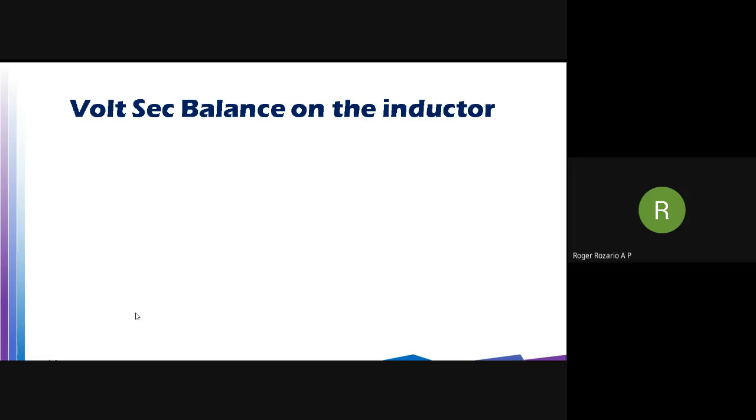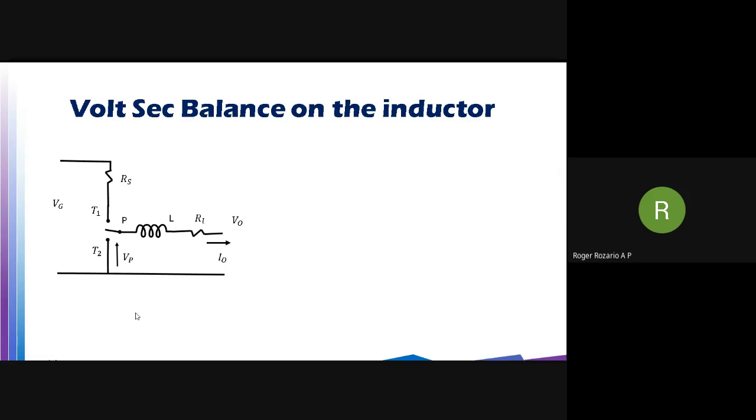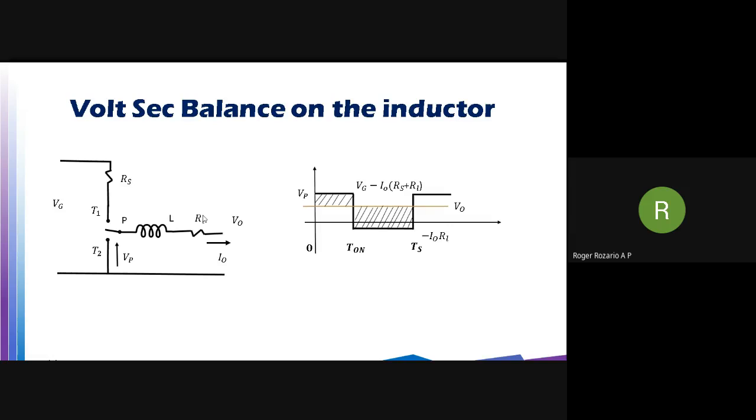So let us start with the volt-second balance in the inductor. Here we will consider the resistance in series with the source as Rs and the inductor has a resistance of RL. The same voltage waveform. The voltage across the inductor is the voltage on the right-hand side minus the voltage on the left-hand side, VL minus Vp, where Vp is the pole voltage.